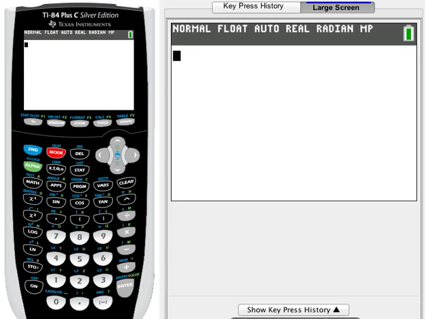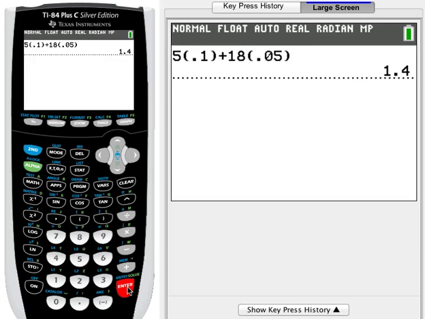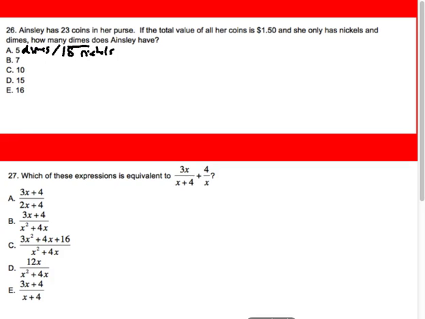If I have 5 dimes, each worth 10 cents or $0.10, and 18 nickels, which are only 5 cents or $0.05 each, that's only giving me $1.40. In the problem, however, it told me that I wanted $1.50. So that means A must not be my answer. So let's go to D or B.